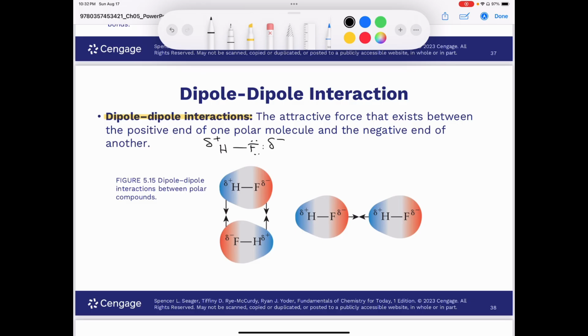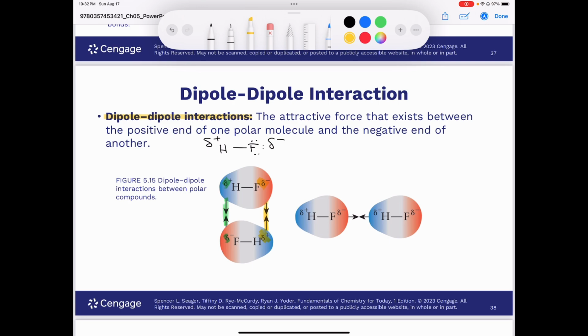And so you can see that if two HF molecules are going to interact with each other, the delta minus of the fluorine on one of them is going to interact with the delta positive of the hydrogen on another, and vice versa. So we have a dipole-dipole force of attraction here, and we have a dipole-dipole force of attraction here.